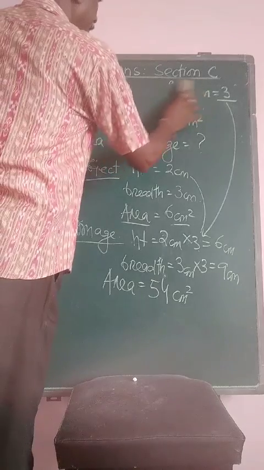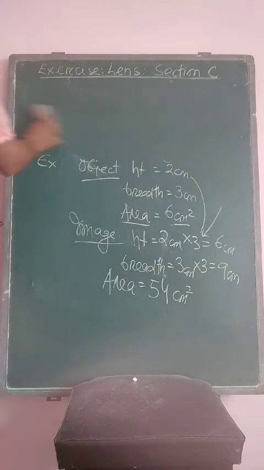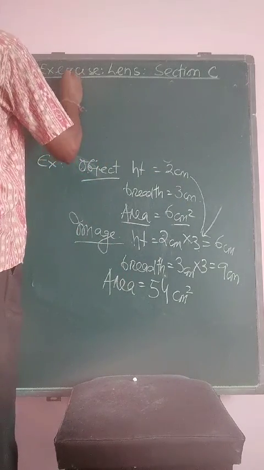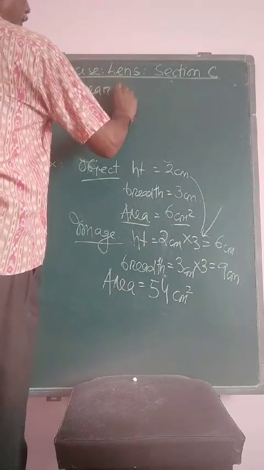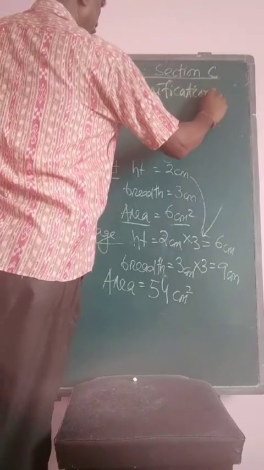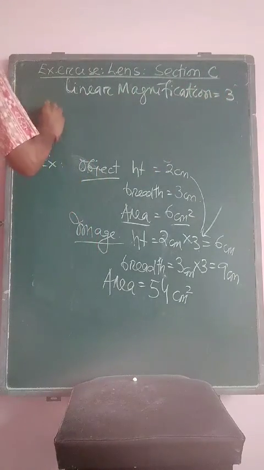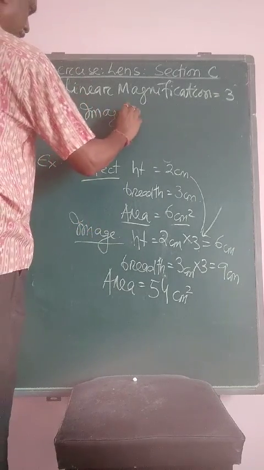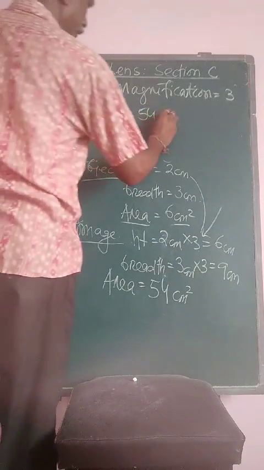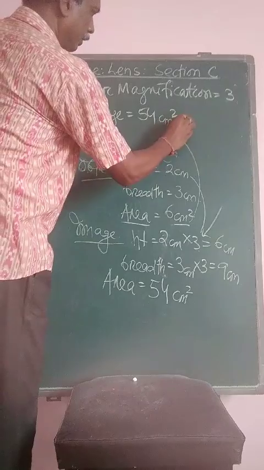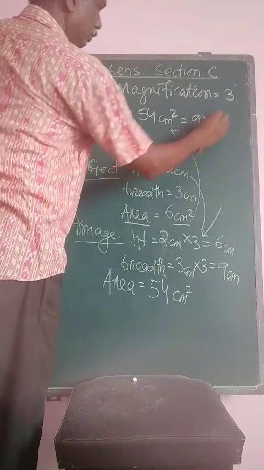Now, there is a very interesting thing. What is our linear magnification? Linear magnification is 3. Area of image is 54 centimeters square. Object area is 6. So how are these two related? So this is 9 into 6 centimeters square.